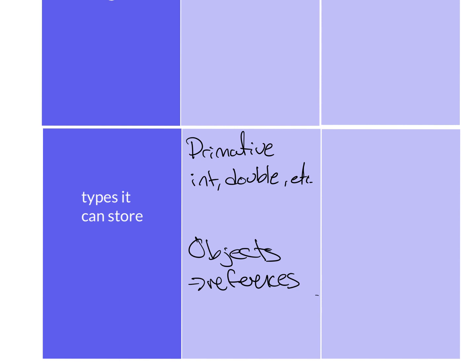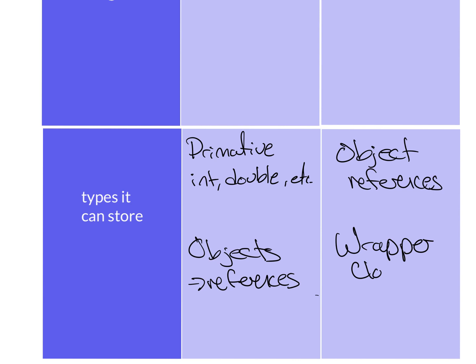In the case of an ArrayList, it actually can't store primitive data types like ints, doubles, etc. It can only store object references. In order to overcome that, so that you can make an ArrayList of integers, you end up having to use something called a wrapper class.